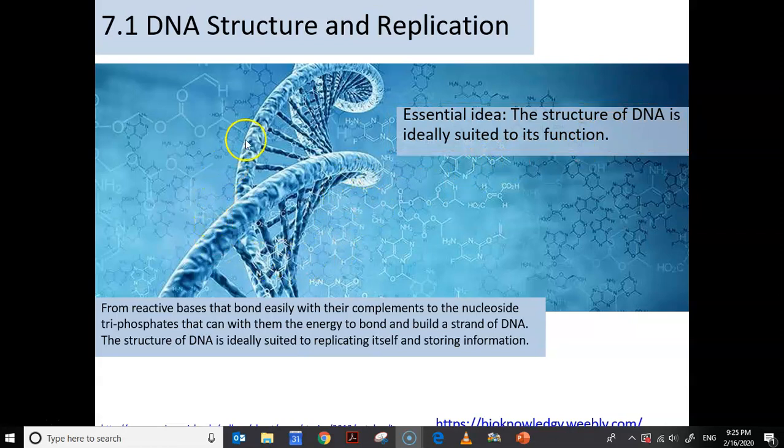In the background you will see a very beautiful structure of DNA as a kind of 3D animation, and this beautiful structure was discovered by two famous scientists that we are going to talk about after this. This structure makes it possible for DNA to store information.